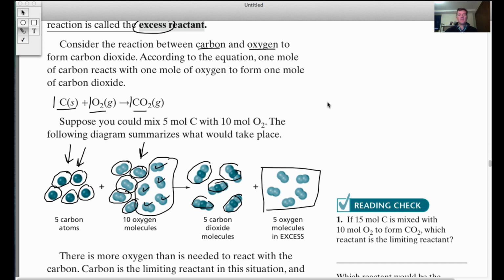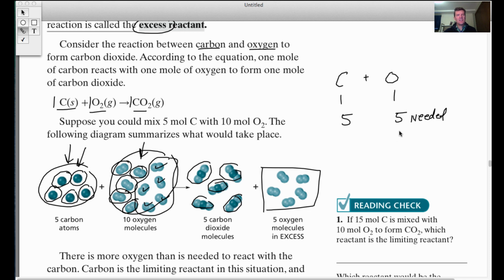All right? Let me put it this way. Carbon and oxygen. They are in a 1-to-1 ratio. If you are told that you've got 5 carbons, okay, what do you need? You need 5 oxygens. Do you have 5 oxygens? Yes, you were given 10. Okay, you were given 10.